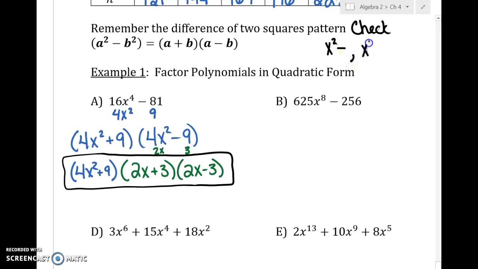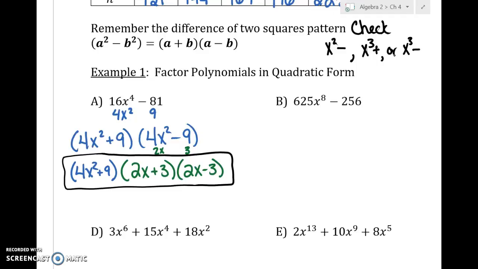If you have x cubed plus or x cubed minus, you probably aren't done. Because we do have patterns for the sum of two cubes, the difference of two cubes, and the difference of two squares. We do not have a sum of two squares.